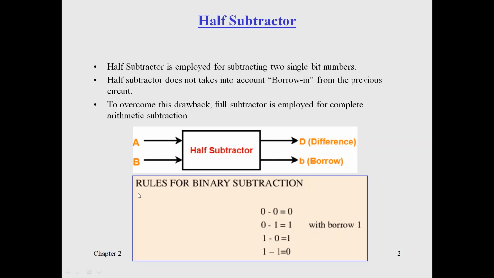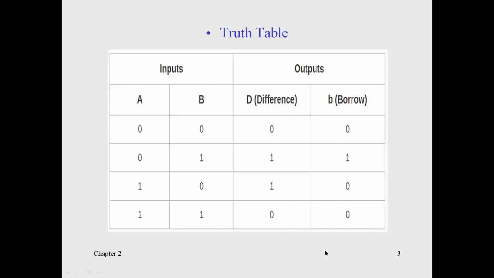Now let us talk about the rules for binary subtraction. You can see here 0 minus 0 is 0, 0 minus 1 is 1 with borrow 1, 1 minus 0 is 1 and 1 minus 1 is 0. Now let us look at the truth table.